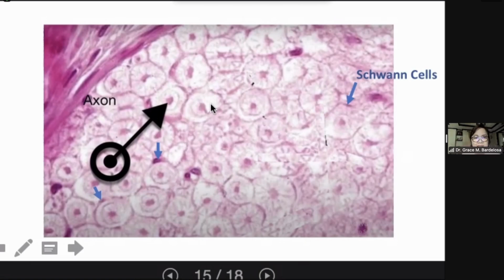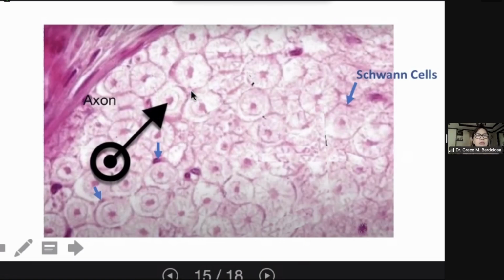This is not a cell with the nucleus in the middle and this is the cytoplasm. No, this is a cross-section of an axonal fiber, and this axonal fiber is surrounded by myelin sheath, okay? And this myelin sheath of the peripheral nerve is produced by the Schwann cells. So those cells that are pointed with the blue arrow are called the Schwann cells, and they are responsible for producing a myelin sheath in the peripheral nervous system.